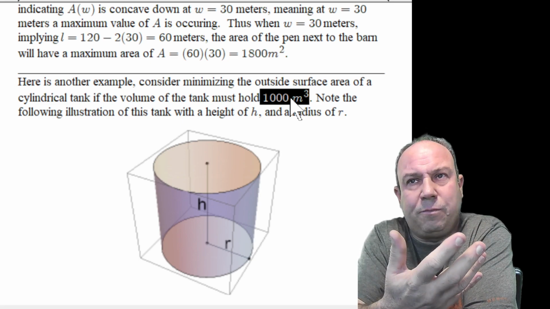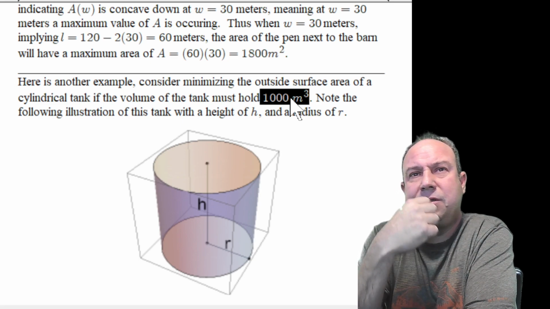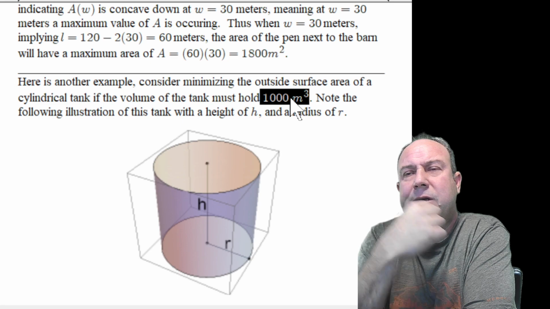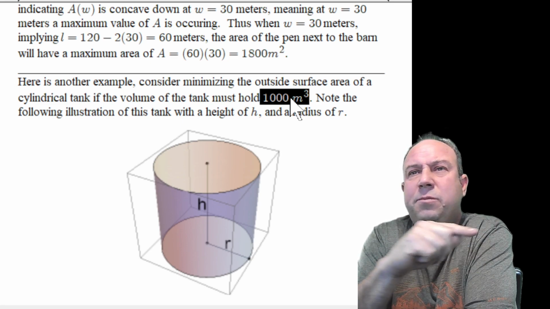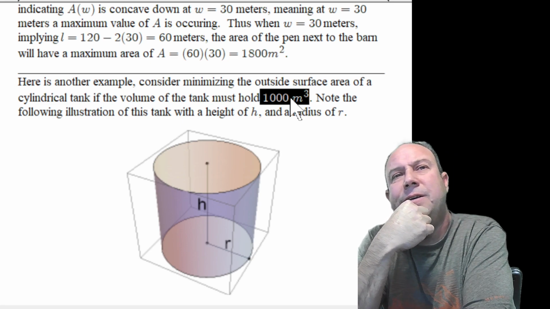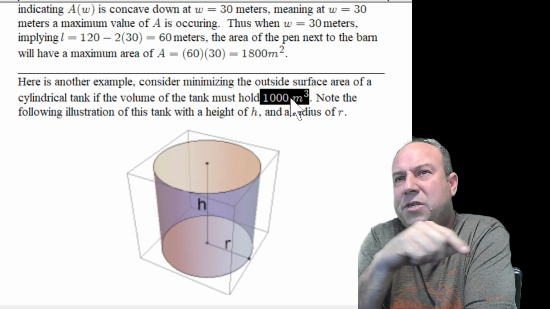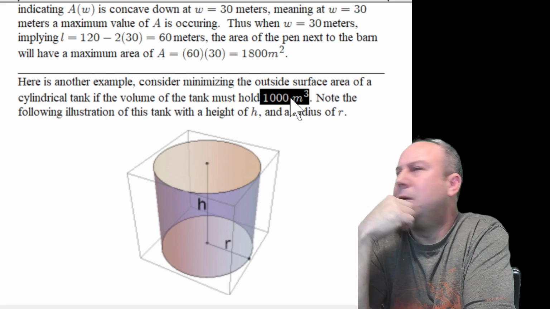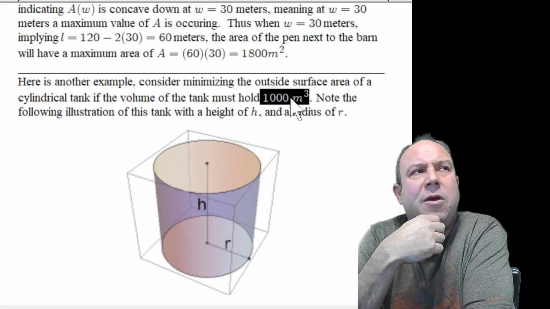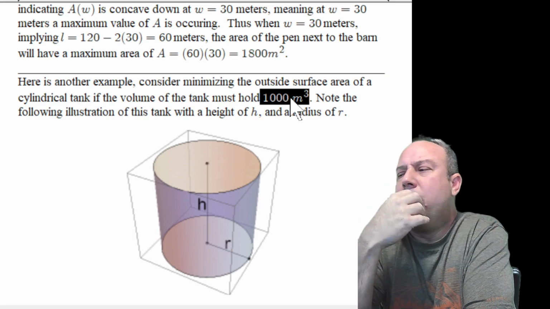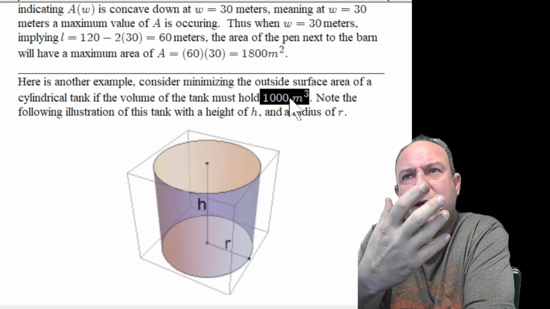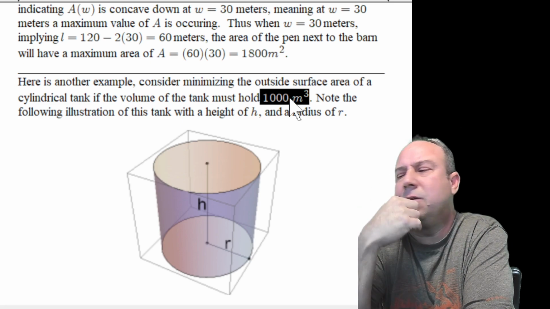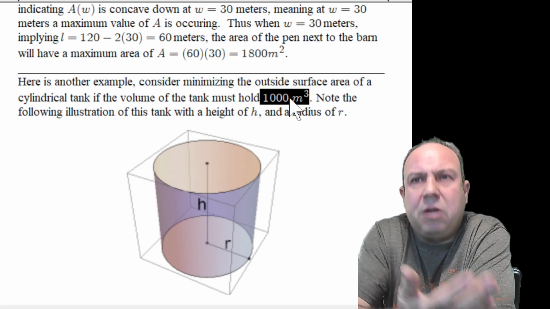Volume, 1,000 cubic meters. Maybe this is a transportation tank, where we maybe transport something like milk, or fresh water, where that tank is supposed to hold 1,000 cubic meters of milk or water.